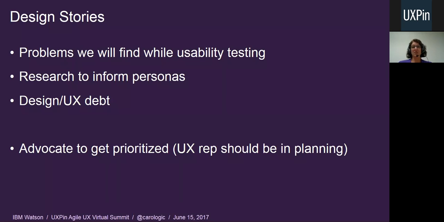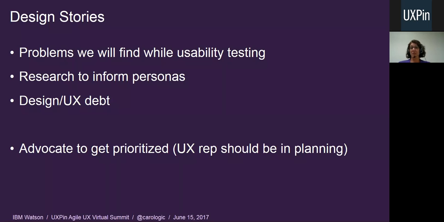You may want a story about researching to inform personas and make sure that there's space and time for that work, as well as the design and UX debt that you'll accumulate as your product matures and as you make some changes that affect other pieces of the application. They may not be high priority, but they may be things that you want to address. And you'll want to make sure that there is someone on your team who is able to advocate to get this work prioritized.